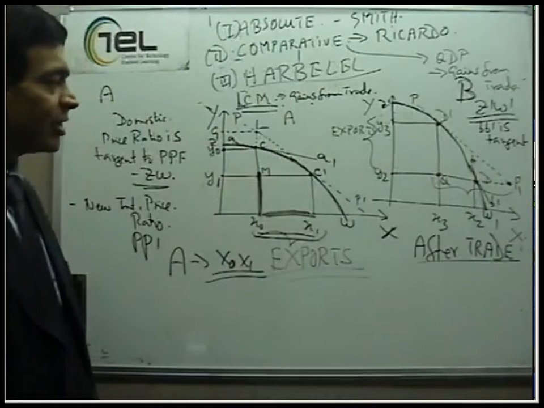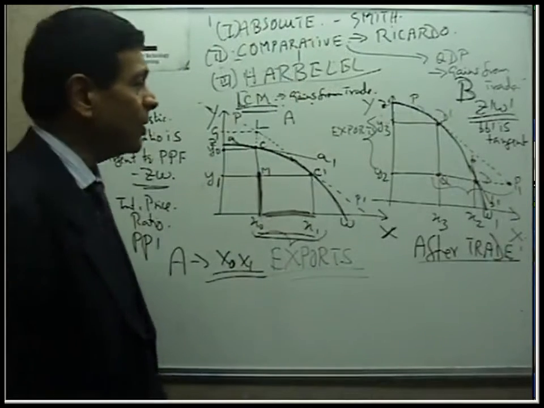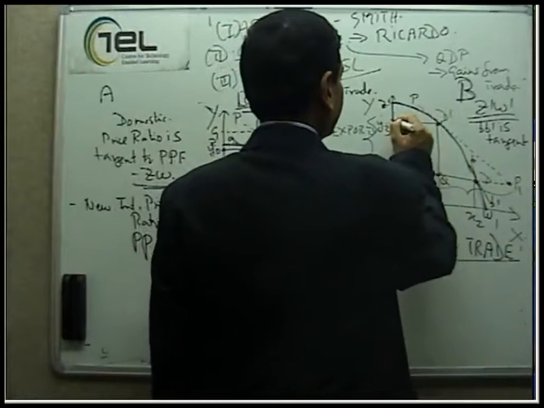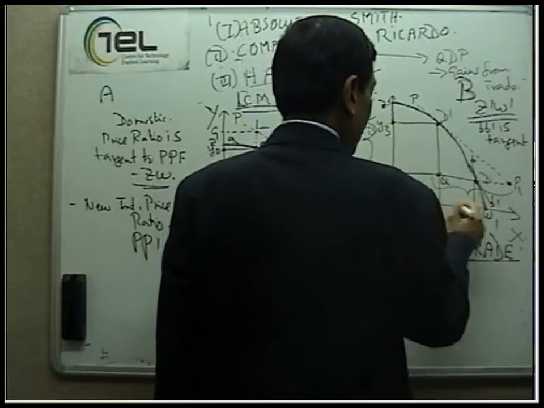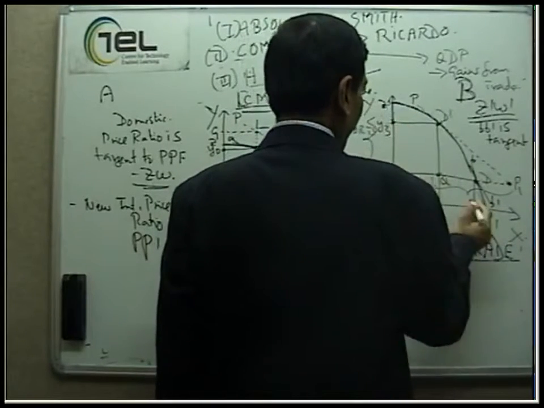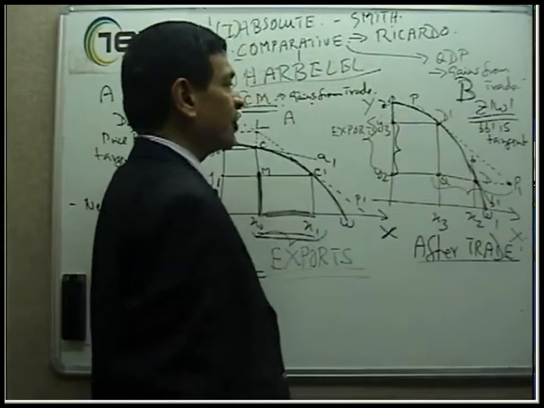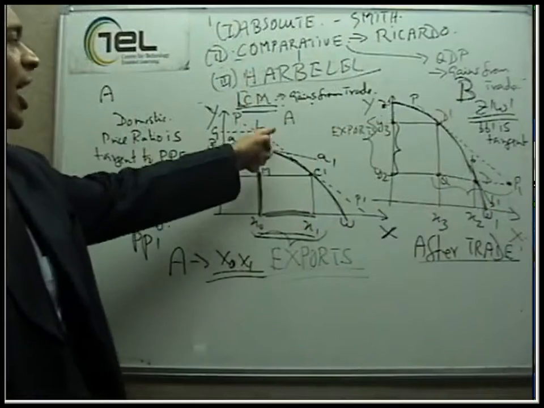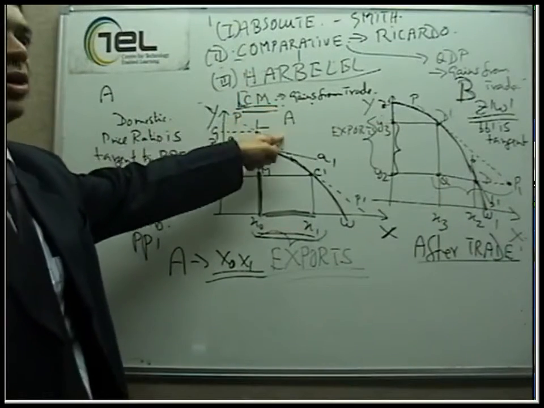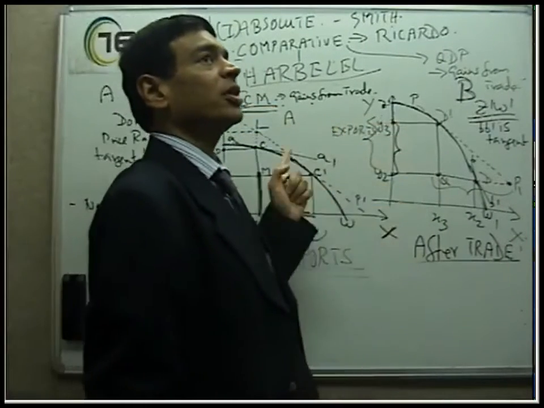What happens here is that it consumes less of X, obviously, and produces more of Y. This surplus is exported away to country A. So country A imports X, country B exports X.